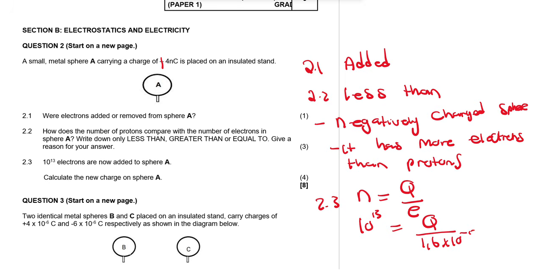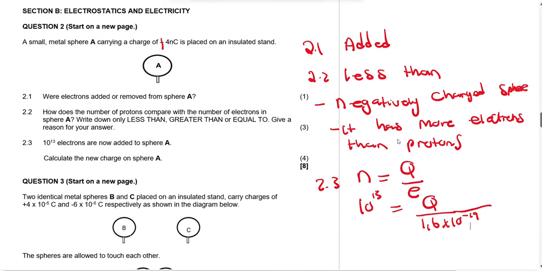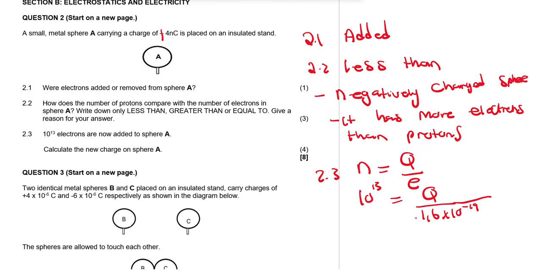Okay, minus 19 is there. You don't have to calculate it. So from here, you just multiply. So Q equals 10 to the power of 15 multiplied by 1,6 multiplied by 10 to the power of negative 19. Press your calculator.